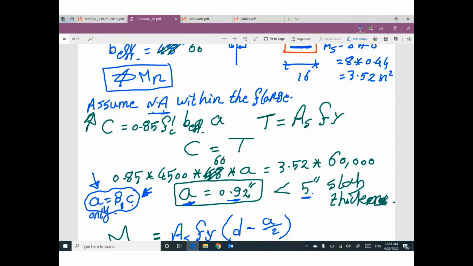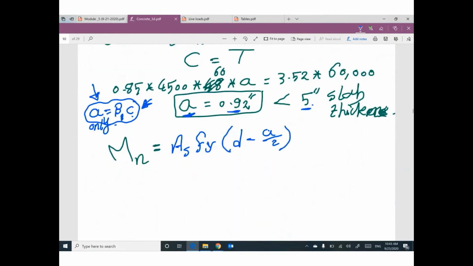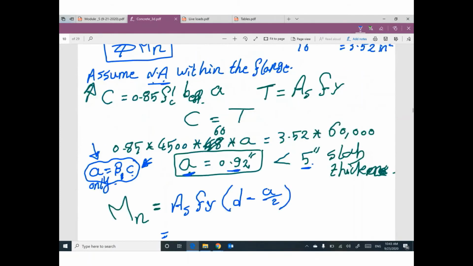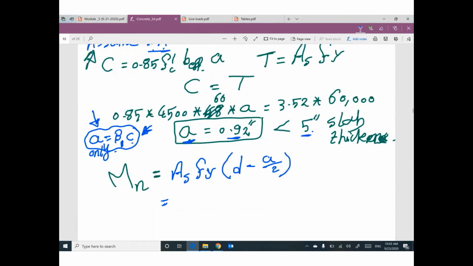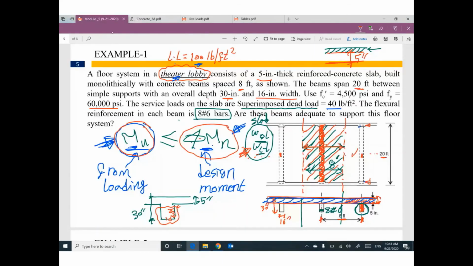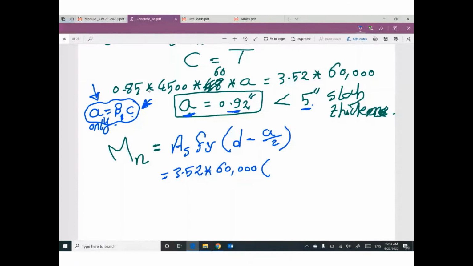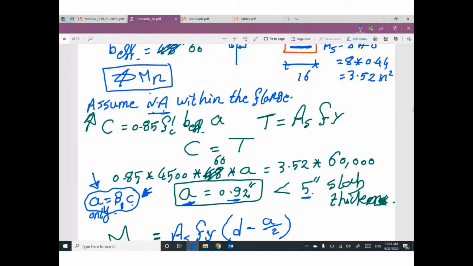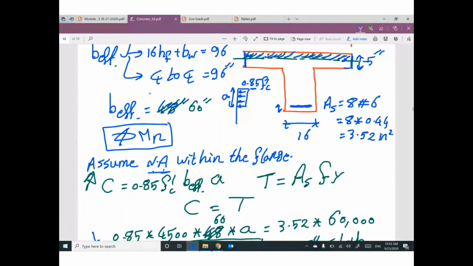So area of steel is 3.52, F yield 60,000. Your depth, wow, the actual depth is not given. Okay, go ahead and assume any cover, like 2 inch or 3 inch, up to you.